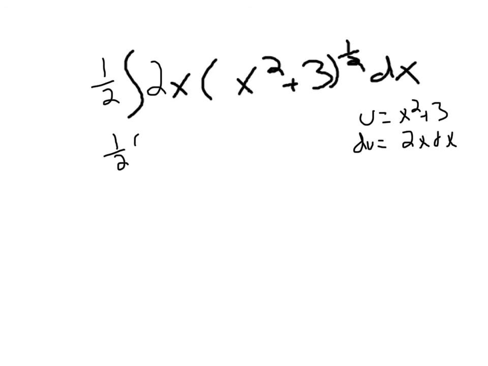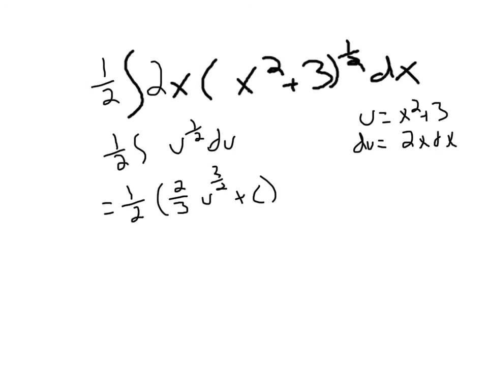So this would be 1/2 times the integral of u to the 1/2 du, or 1/2 times 2/3 u to the 3/2 plus c, or 1/3 times x squared plus 3 to the 3/2 plus c.